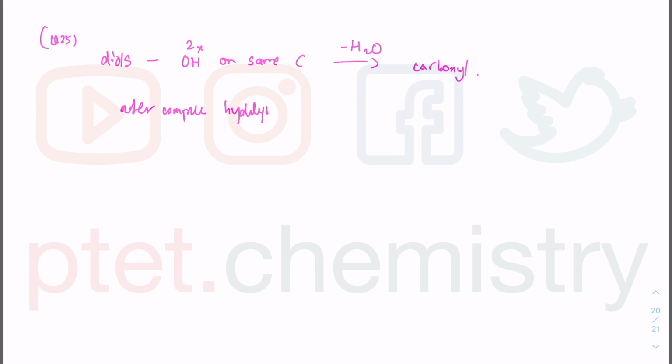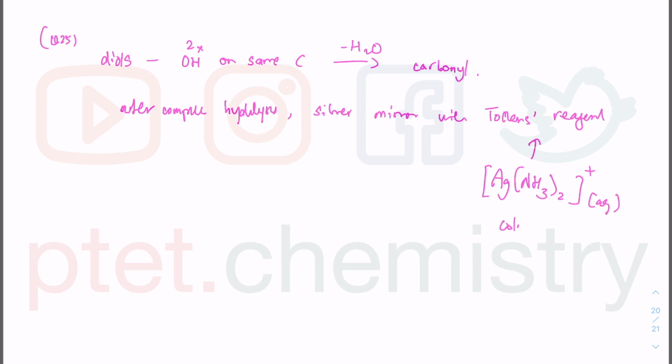hydrolysis, you want to get silver mirror with Tollens reagent. So we know Tollens reagent consists of silver 1 complex. Tollens reagent is actually silver diamine, so with 2 ammonia, and this is a plus. This is a colorless solution.